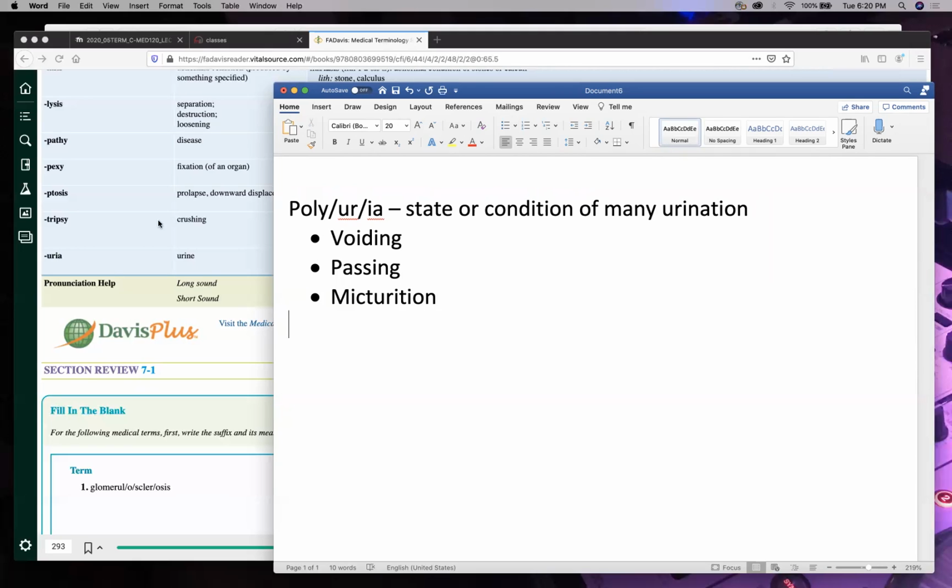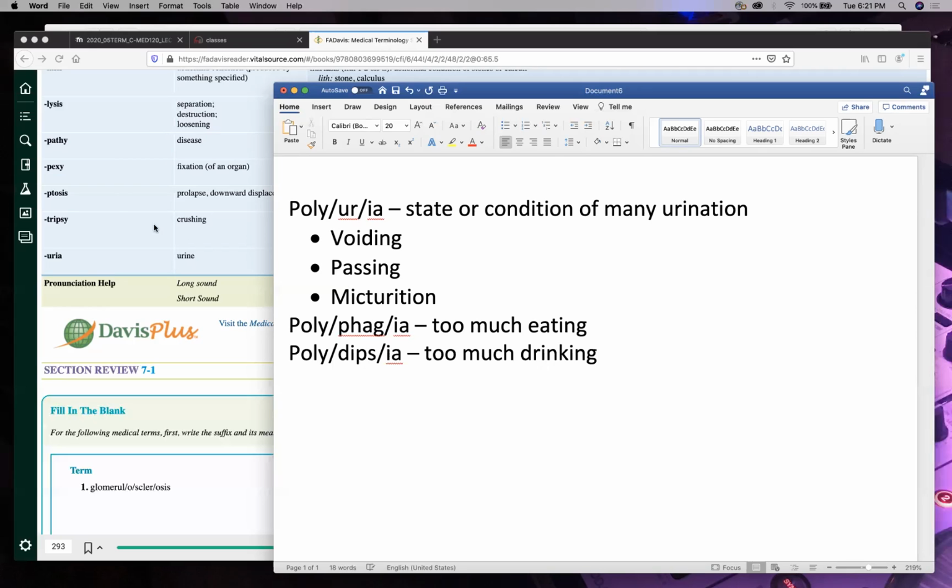Now, polyuria. Poly is the prefix that means many. My patient could have polyphagia, which is state or condition of too much eating. They could also have polydipsia, which is too much drinking. You put all these three polys together, those are the three P's of diabetes mellitus.